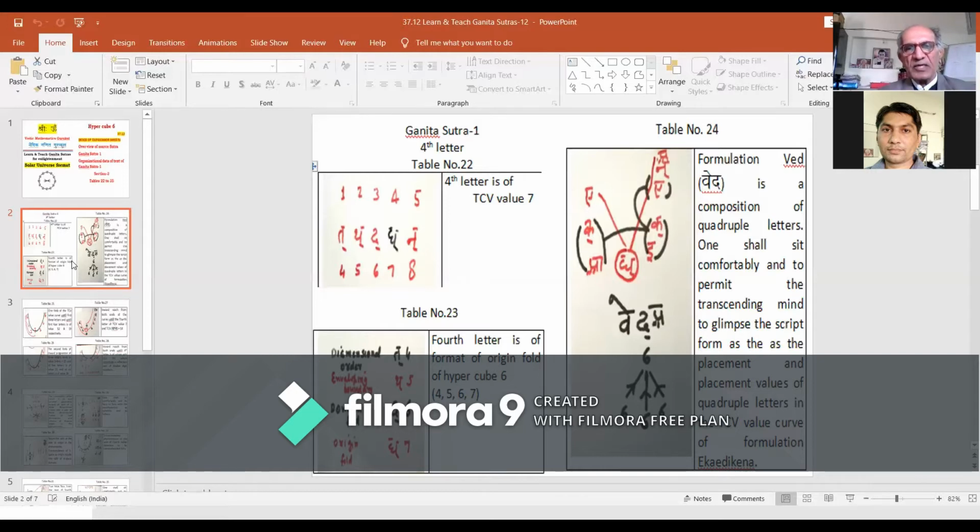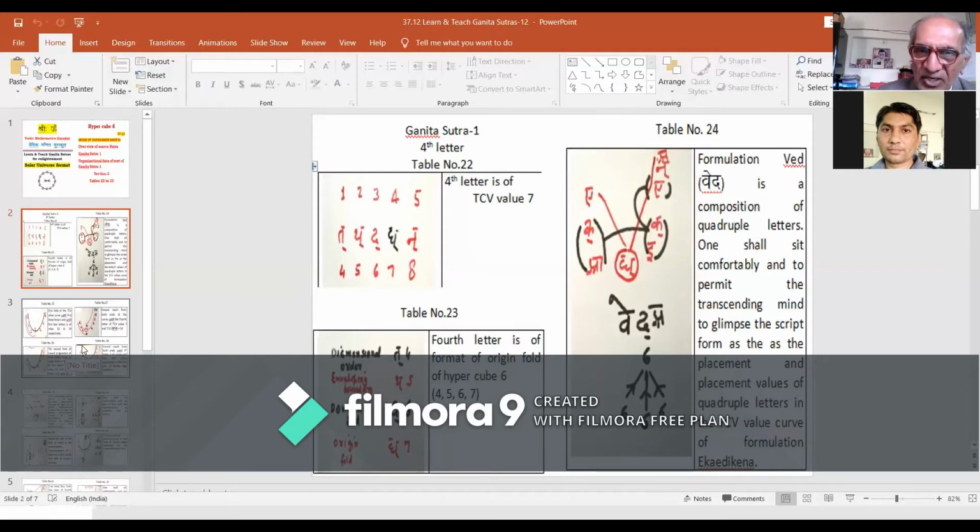Table 23 brings us face to face with the placement of this letter as origin fold of creative order setup of a self-referral domain. Fourth letter is of the format of origin fold of hypercube 6. 4, 5, 6, 7 are the sequential values quadruple of the first 4 letters, fourth row of the Varga consonants.